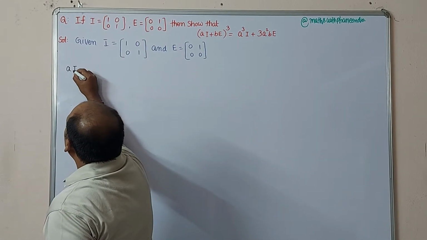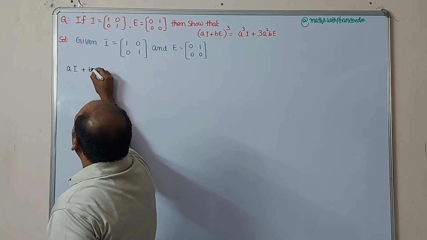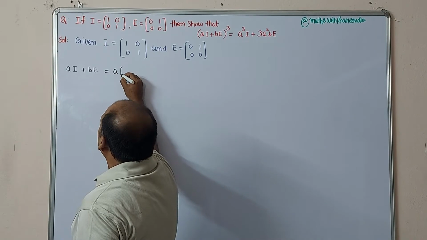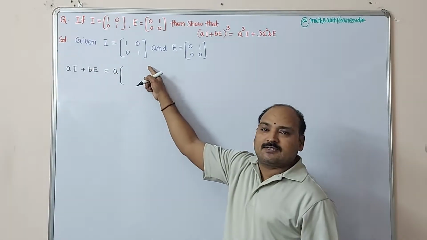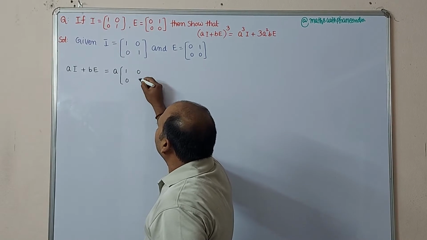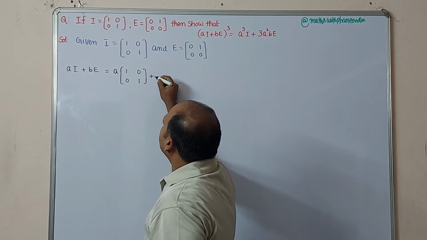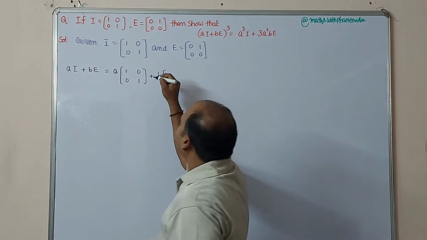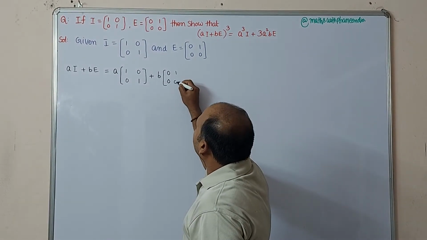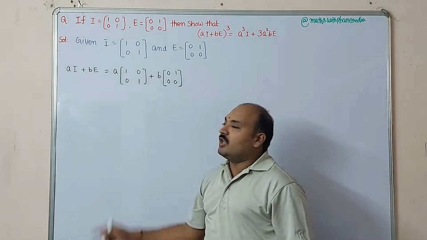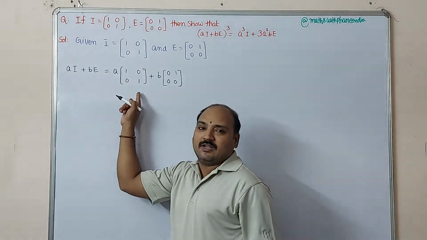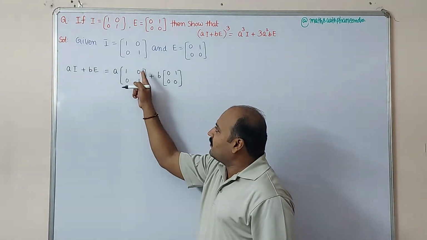aI plus bE, that means small a into the I matrix, which you have to write here as [[1, 0], [0, 1]], plus b into the E matrix [[0, 1], [0, 0]]. A into a matrix is a constant, a scalar, into a matrix.